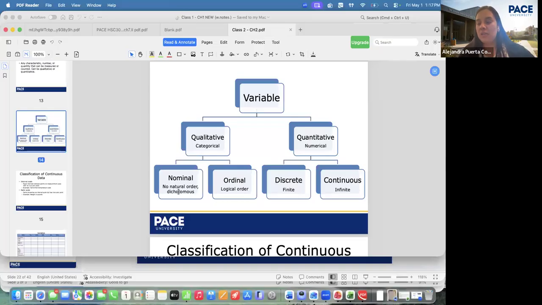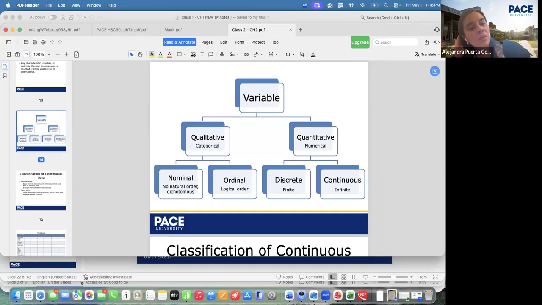But it can also be if I am exposed to the sun more than 6 hours or less than 6 hours. That's also a dichotomous variable, right? Even if I can count the hours, I separate it in two categories, right? So that's dichotomous, so nominal.